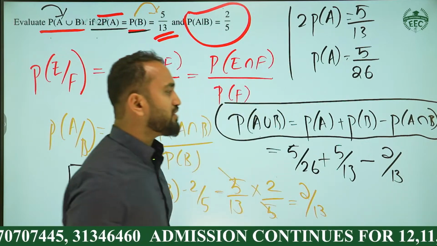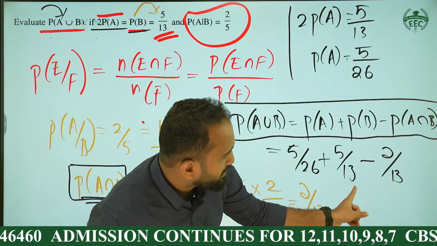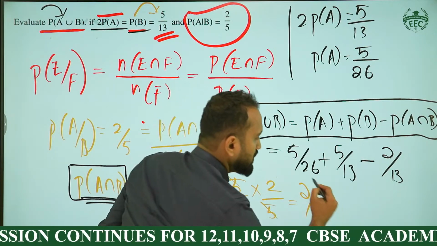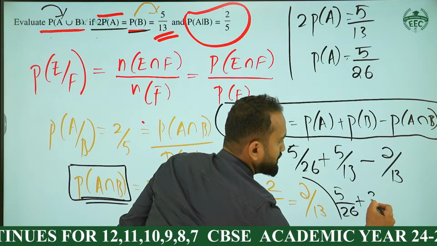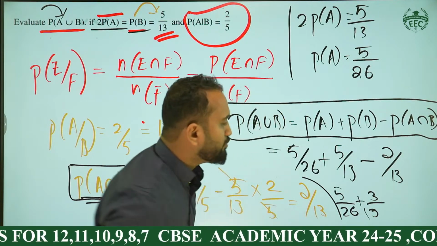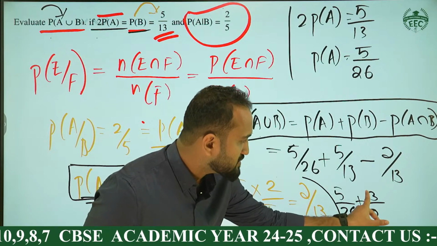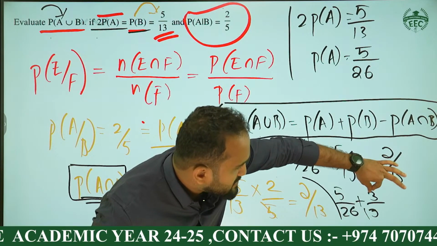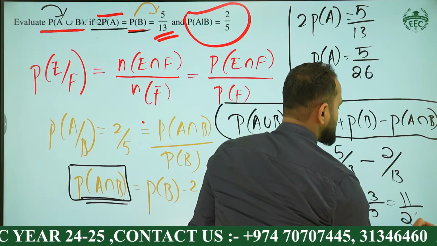People, tell me how to simplify this. If you focus on these two terms, 13 is the common denominator. So 5 minus 2 by 13 will be 3 by 13. Now, we have 5 by 26 plus 3 by 13. If you multiply this by 2, this will become 6 by 26, so that you can make the common denominator 26. So 6 plus 5, 11. 11 by 26 is the answer.